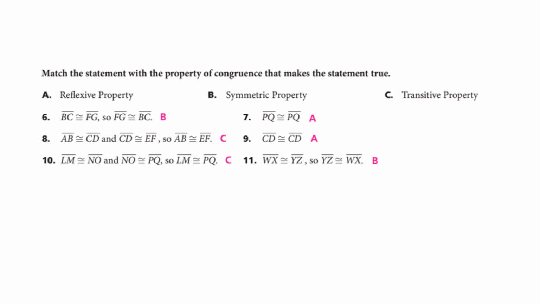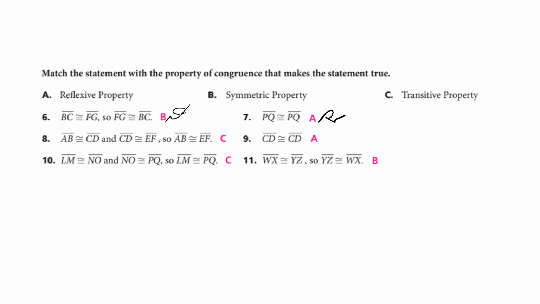It doesn't mean that their meaning changes. So of course it will be a symmetric property. PQ is congruent to PQ. It means it is related to itself, so we are talking about the reflexive property.